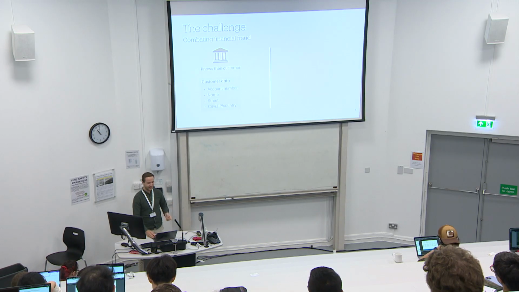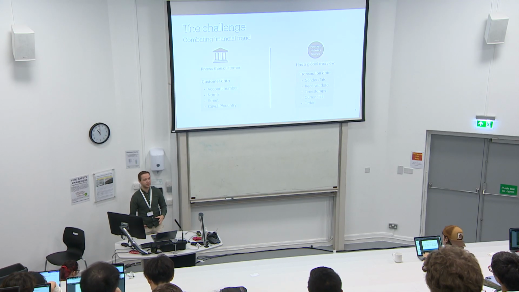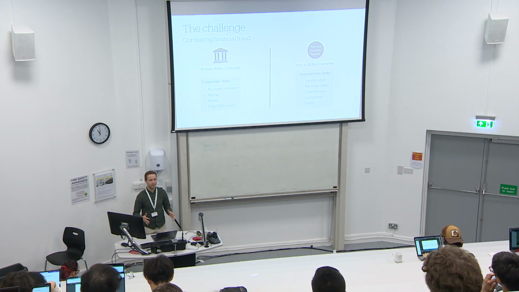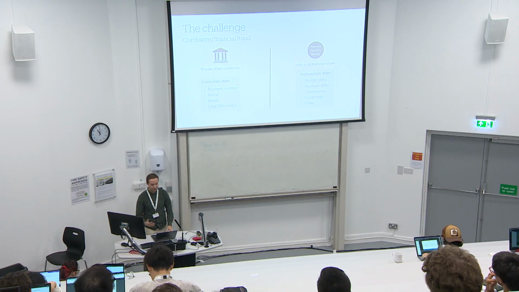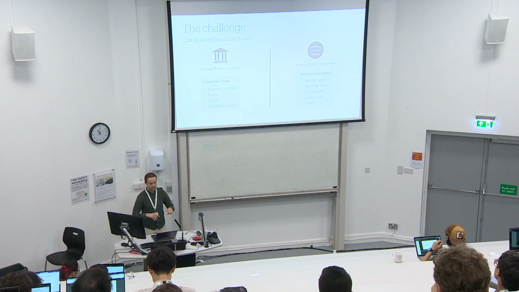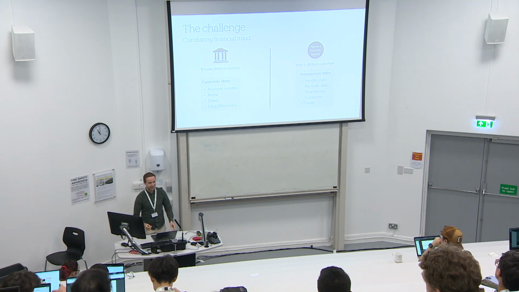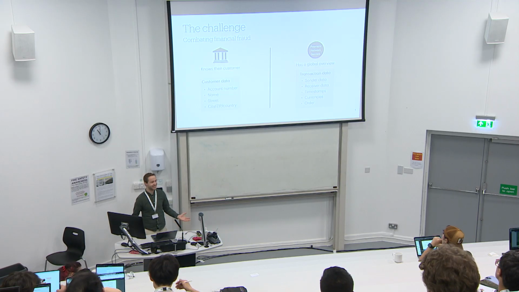They have customer data, account numbers, the names of the customers, their addresses, etc. On the other hand, the payment network service has a very global overview of what's happening in the system. They have all the transaction data: the timestamps, where things are going, also between multiple banks. It's the payment network service's responsibility to do fraud detection, and it's a little bit hard because they don't really know their customer. They just see the transactions.